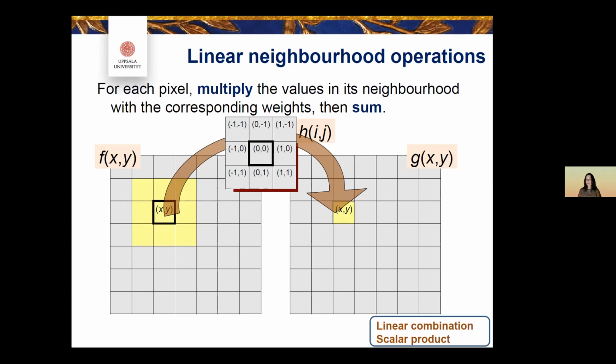We can also talk about scalar product if we say that these values here can be arranged and seen as a vector, and these as well. Then we have corresponding multiplications and subsequent summation to produce the output value in the filtered image.